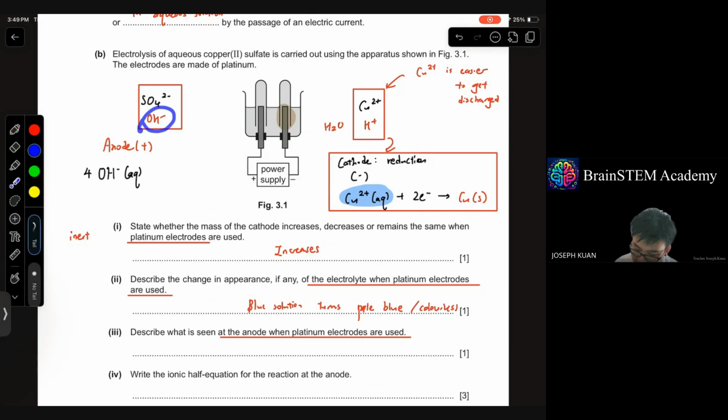Reason, hydroxide is easier to get discharged than sulfate. So when this chemical gets oxidized, it forms oxygen gas, water, as well as electrons. So from here, because oxygen gas is formed, we can see colorless bubbles.